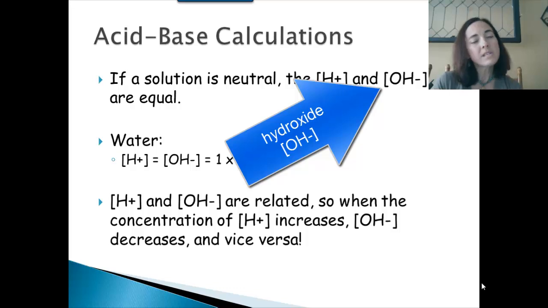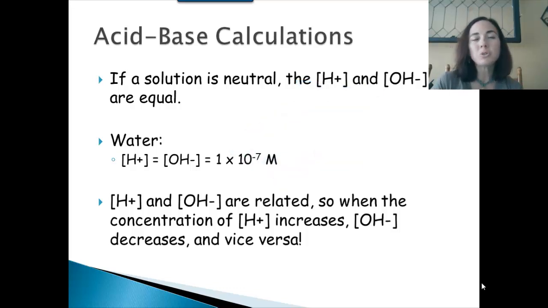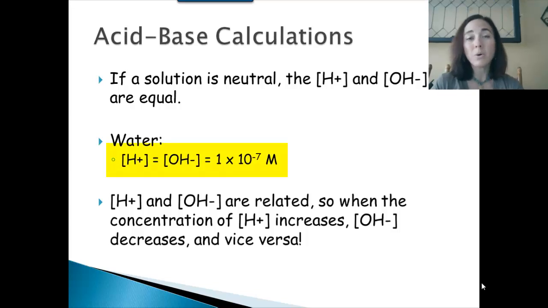Now for a substance like water, which is neutral, the concentration of hydronium and hydroxide are equal. And studies have shown us that the value in water is 1 × 10 to the -7th molar. Both those concentrations are equal in any neutral substance.